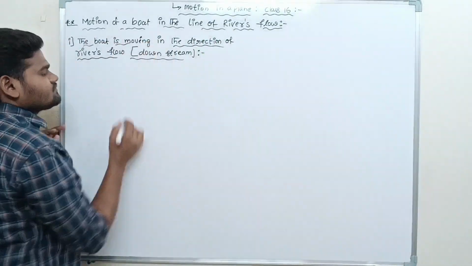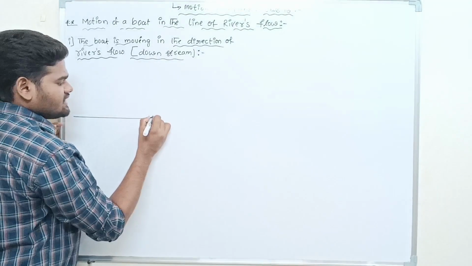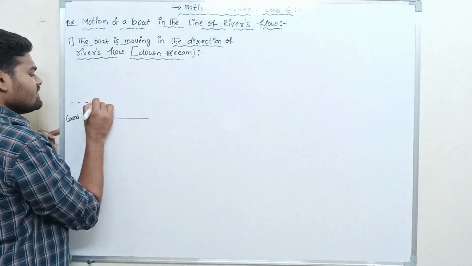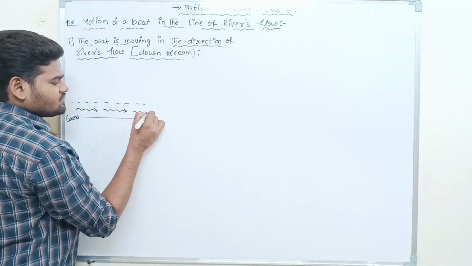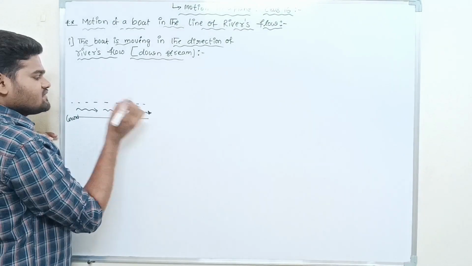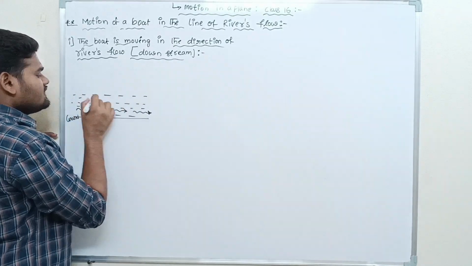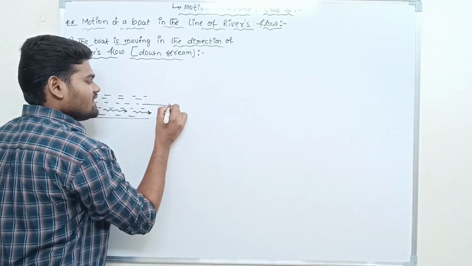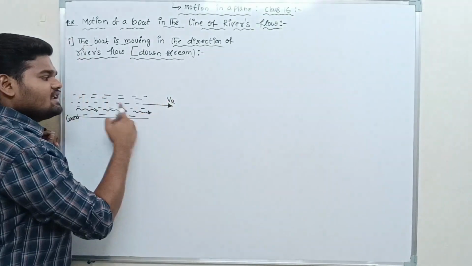Have a look. There is a river. Here I am taking the river. The river is flowing on the surface of the ground. This is the direction of river flow. The water is moving like this. I am taking the velocity of the river in this direction.